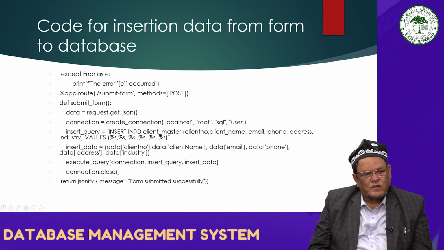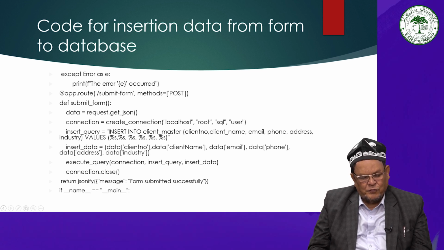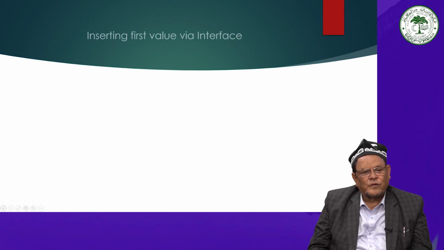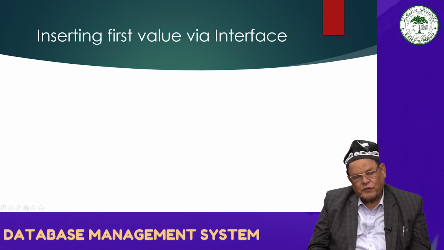Then return jsonify message: form submitted successfully. If name is equal to main, then application dot run with debug equal to True. In this way, we are able to insert the first value via interface.